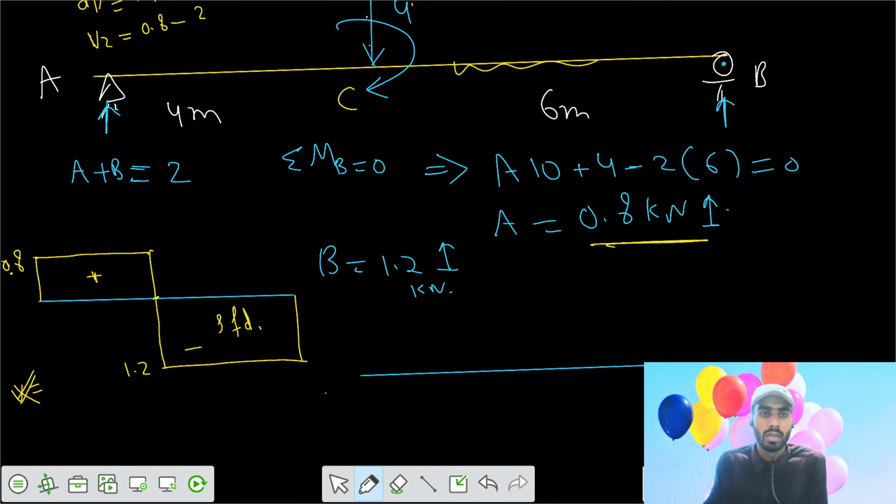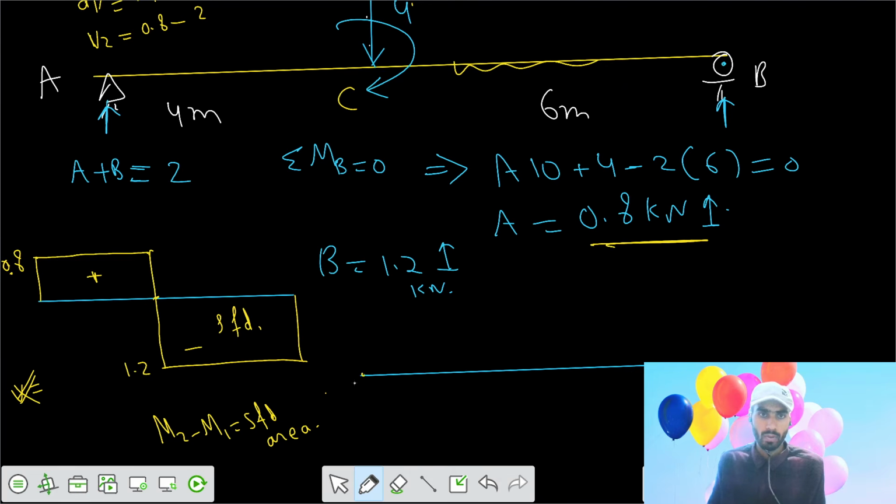We know that M2 minus M1 equals the area of the SFD, the area between the two constant points, that is, the moment at C.